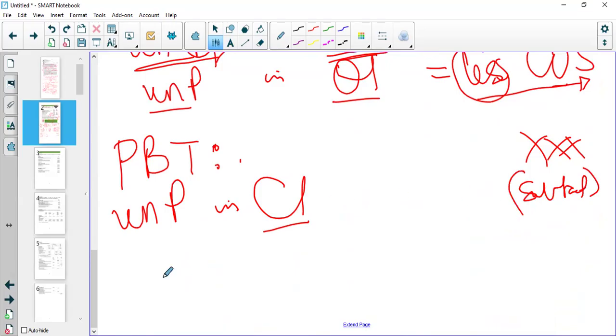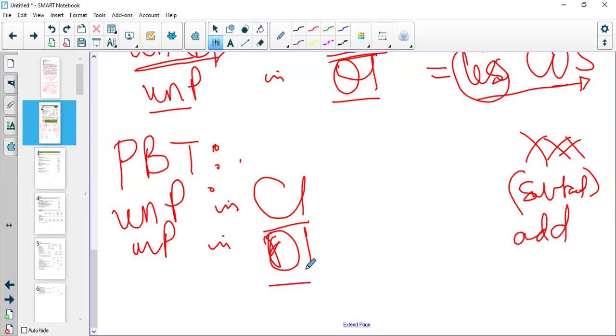But if we have unrealized profit in opening inventory, right, we need to add it to the profit because now we believe we have sold this. It's a transaction from last year, but we believe now that inventory has been sold this year. So now we can realize the profit this year.